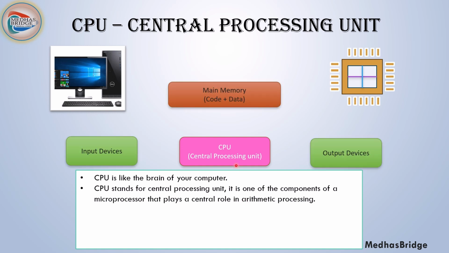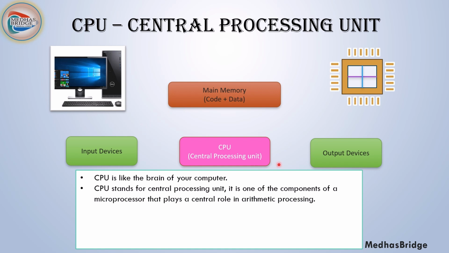Along with the CPU in your computer system, you have other peripherals like input devices, output devices, and memory. In main memory you have RAM, ROM, cache memory, and auxiliary memories like hard disk, CD, and flash disk.